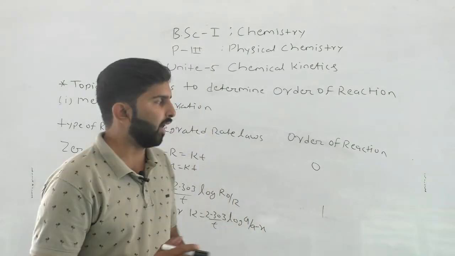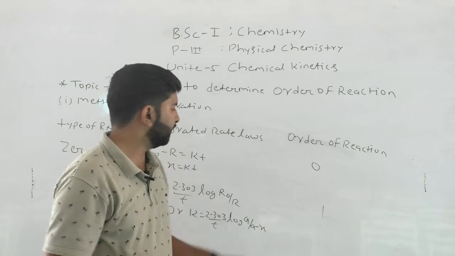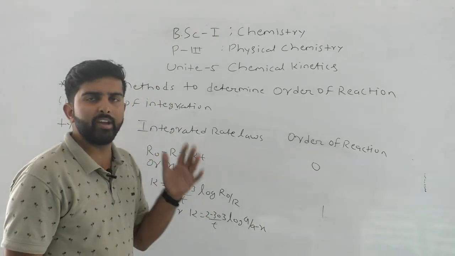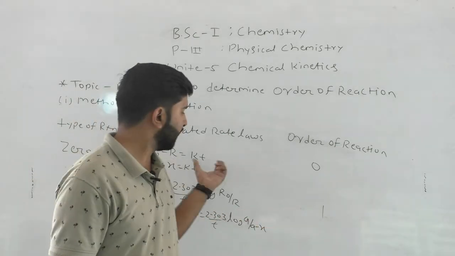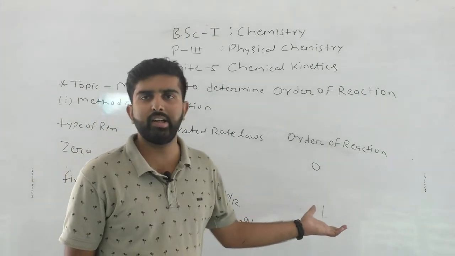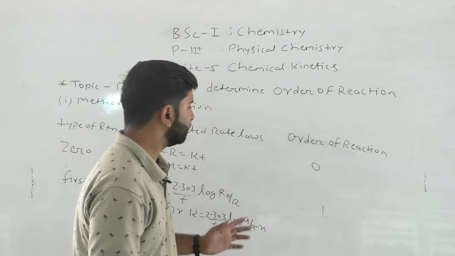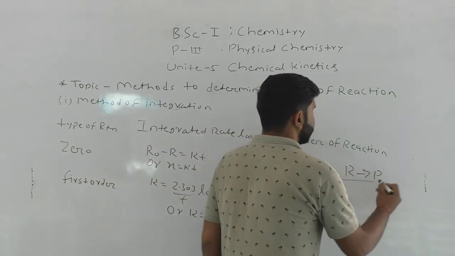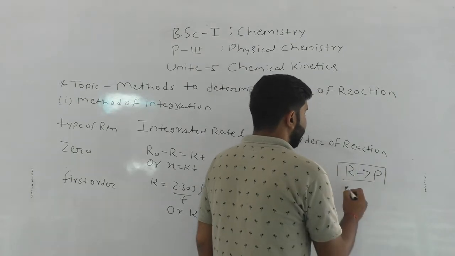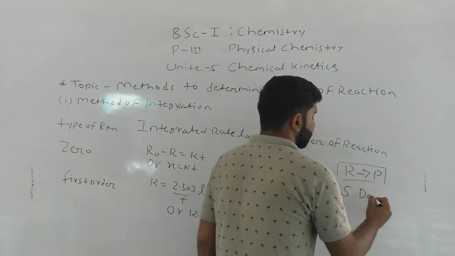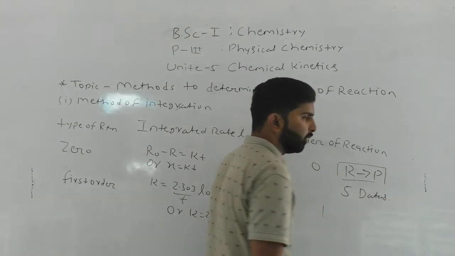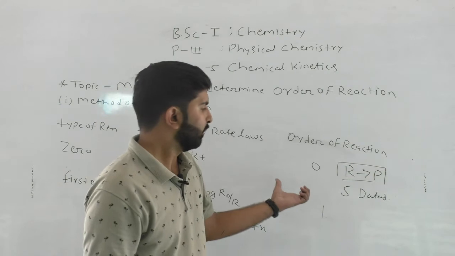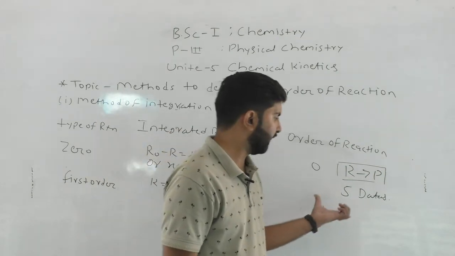If we put the 5 experimental datas in these rate laws, the rate law which gives 5 constant values for k represents the order of the reaction.